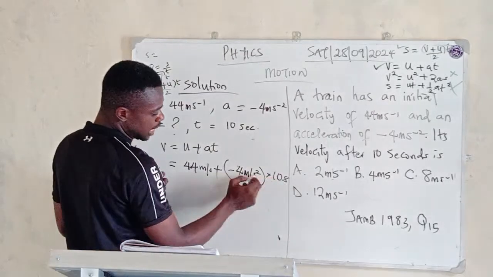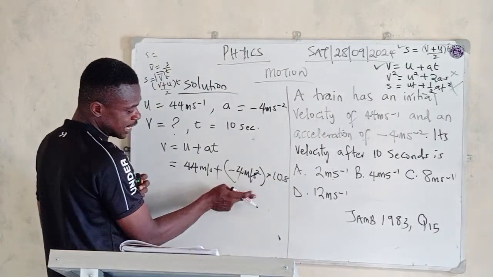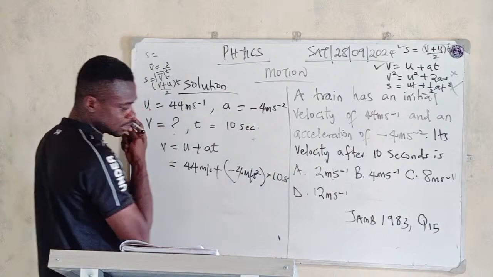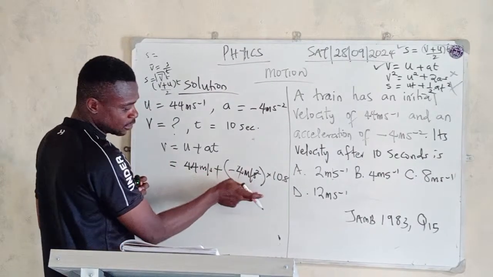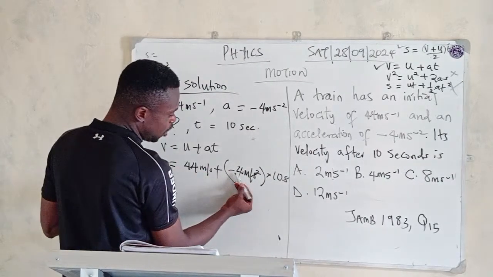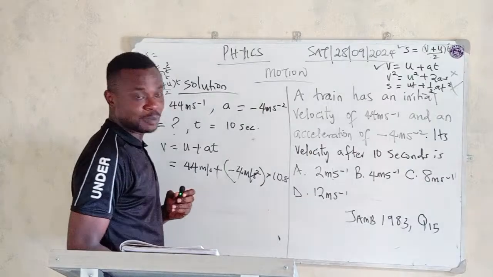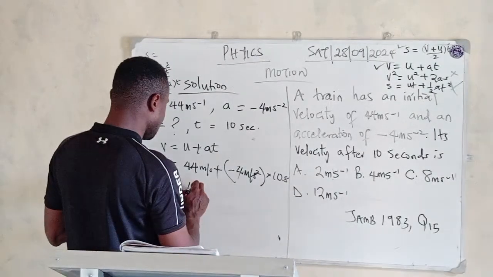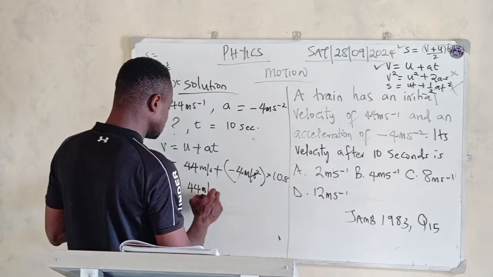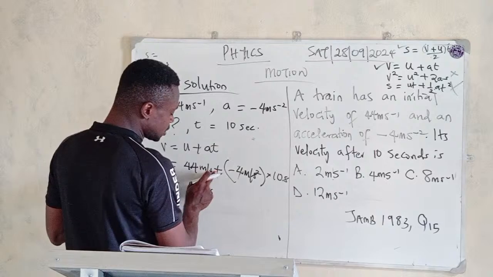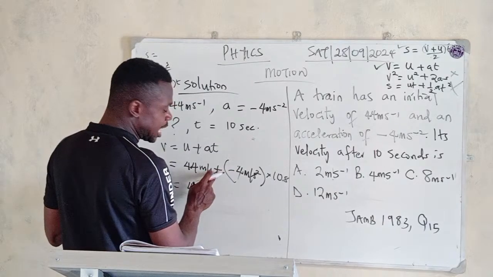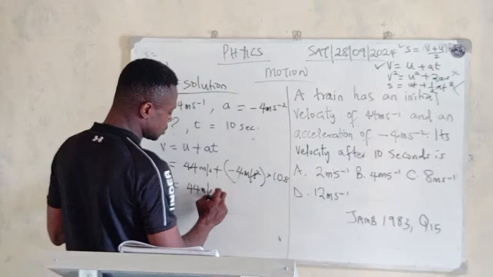So this second here will cancel one second here. Remember that this is under. So we have meter per second here. Minus 4 times 10 is minus 40. So we have 44 meter per second. This minus will take care of this plus, so everything will become minus.